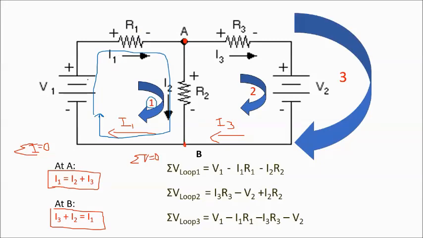Now, ito yung start ng travel. Out tayo sa positive ng V1. That's why we have positive here. And then, observe na same ang travel natin dito sa direction ng I. That's why we have negative I1 R1. Same ang direction papunta dito, pababa. That's why we have negative I2 R2.